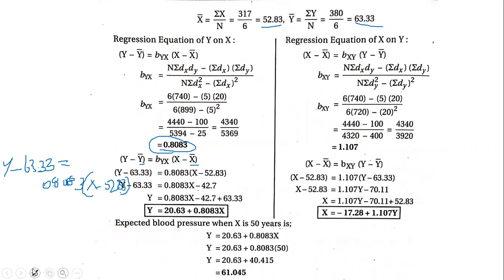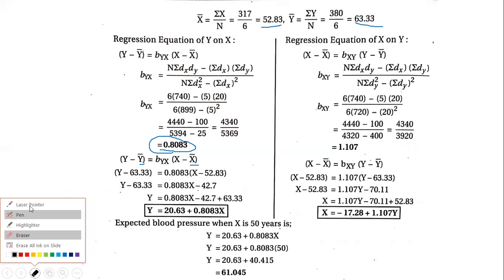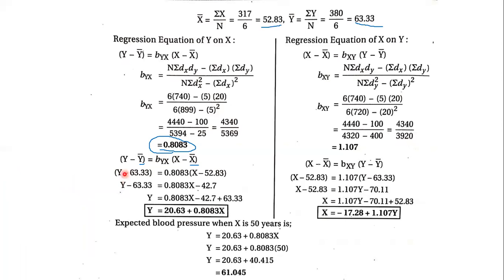We have just written all of the numbers that we had with us. So y minus 63.33 is equal to 0.8083 into x minus 52.83, which is the x bar.